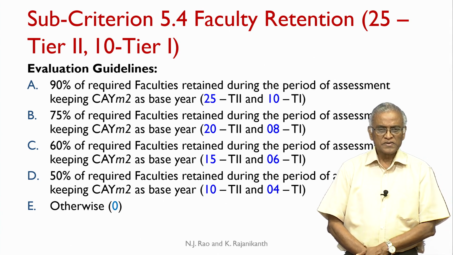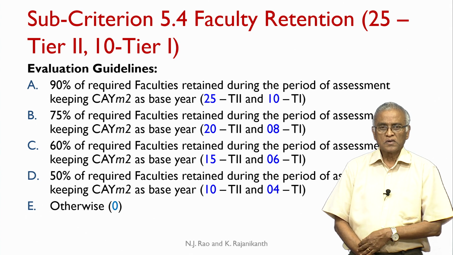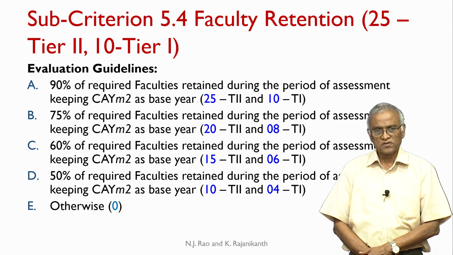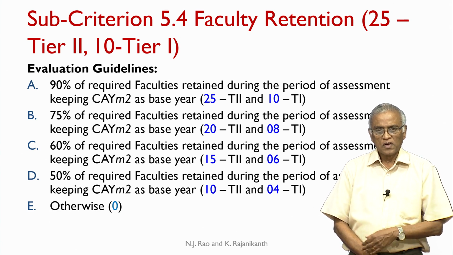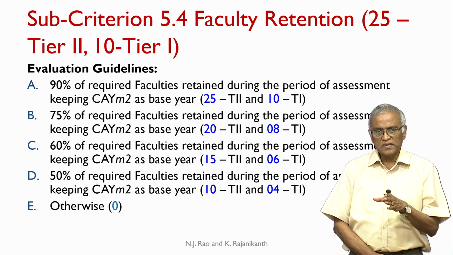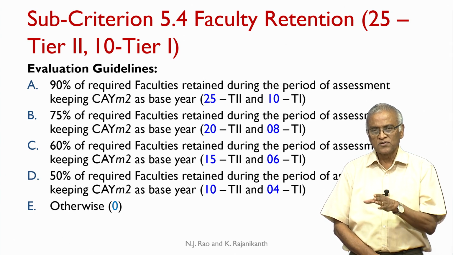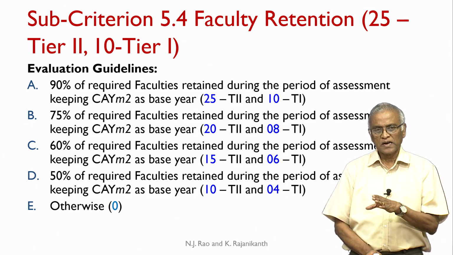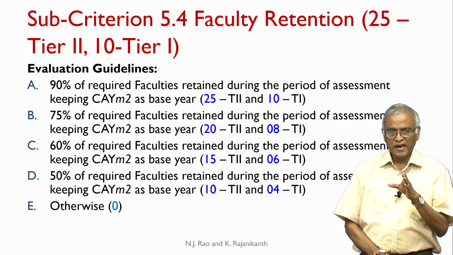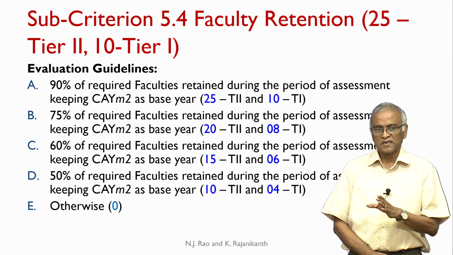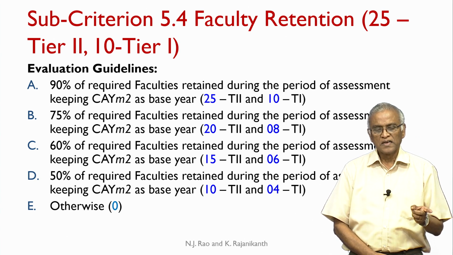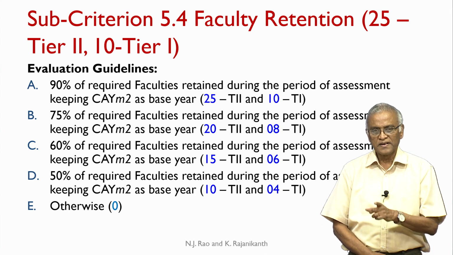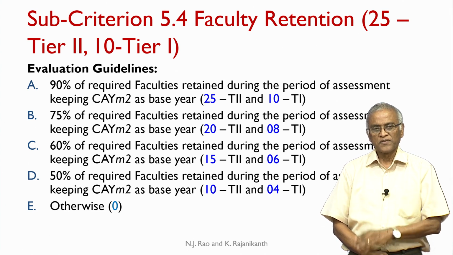By and large, what happens is there is a lot more movement in the case of tier 2 institutions than in tier 1 institutions. So, what is considered: if 90% of required faculty are retained during the period of assessment, keeping CAYm2, current assessment academic year minus 2, as a base year, if you calculate from that, if 90% of the faculty are retained, then you get 25 marks.